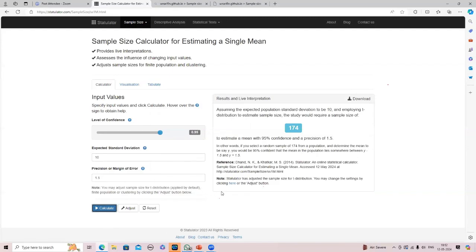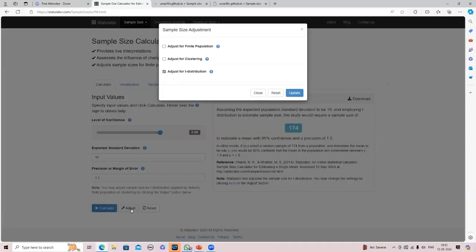So what are the adjustments here? We are assuming the sample size on the basis of the formula as a normal distribution, that is a Z value, but it is calculating on the basis of the T distribution. So we go to the adjustment. If you click on the adjustment, there is adjustment for the finite population, adjustment for clustering, and adjustment for the T distribution.